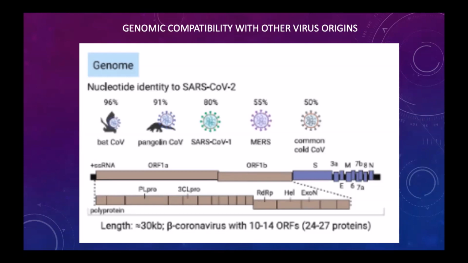So if you make this genetic sequence from 1 all the way to 100, the bat matches the coronavirus by 96%. So that means 1, 2, 3, 4, 5, 6, 7, 8, 9, 10, all the way to the number 96 is an exact match for SARS coronavirus 2, which is COVID, okay?